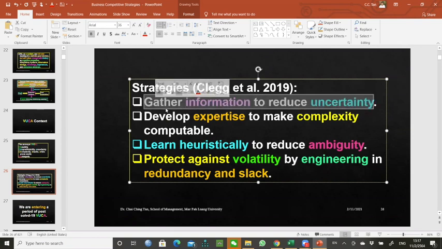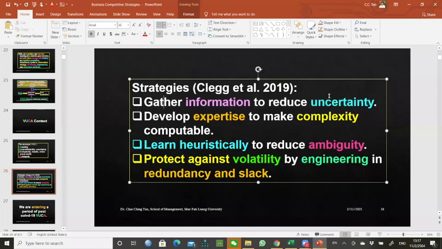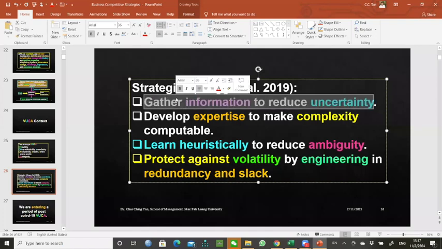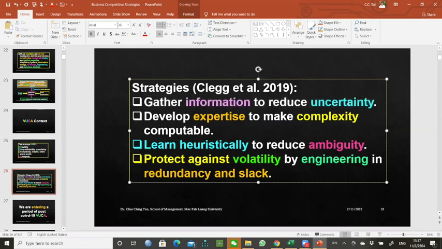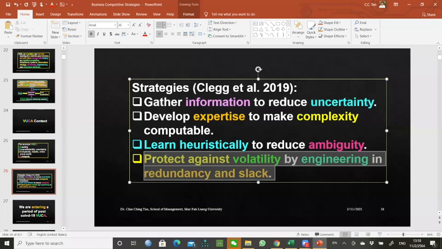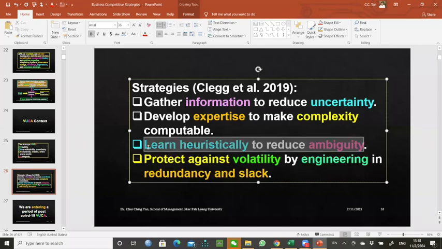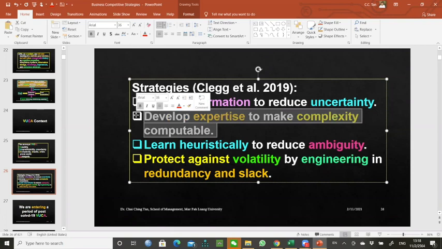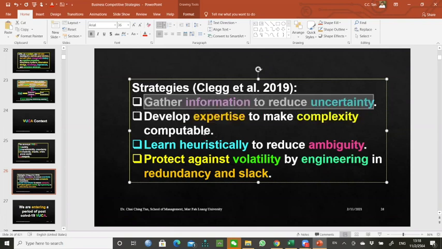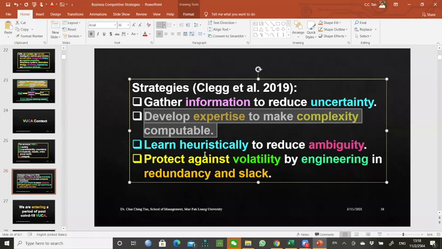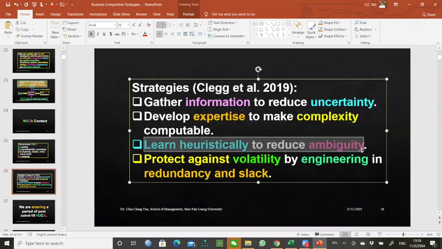Gathering information to reduce uncertainty is very generic, just like cost leadership and differentiation are very generic because they are so general. It gives you space for thinking differently from other people, and this kind of wording can stimulate your thoughts. They are very important strategic domains. But if you want to make it competitive, make sure that you are in alignment with what I have just shared with you.